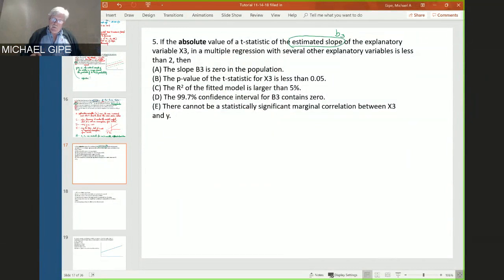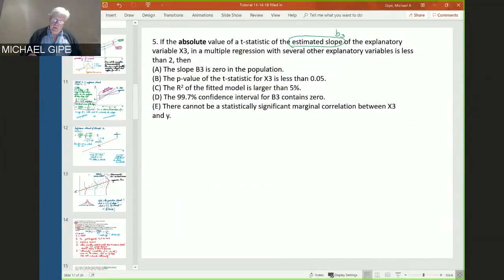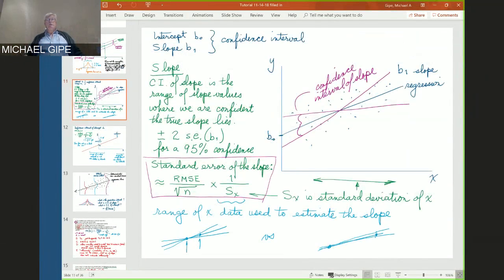Remember that we have some uncertainty about the slope, and we can come up with a confidence interval for the slope. That tells us that we might have some error or uncertainty in the model, mainly because our sample is not truly representative of the true model. It's an estimate.